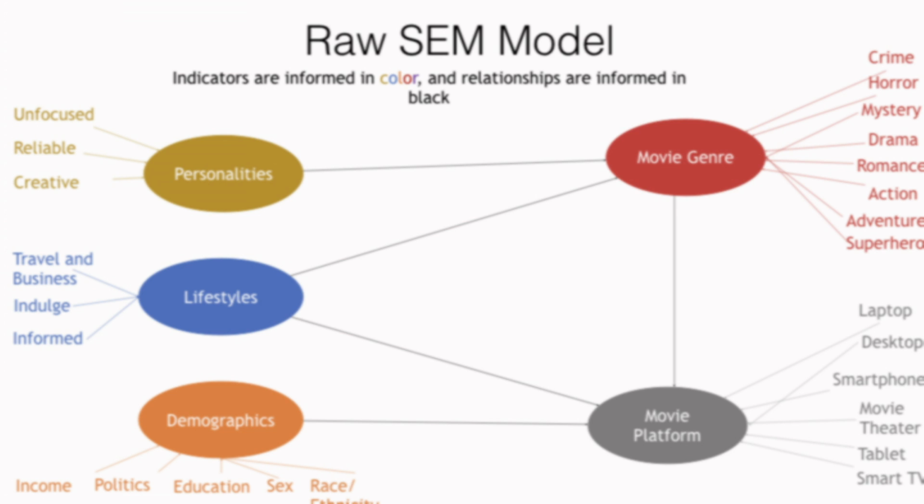It produced a group of personality traits that I called reliable. It produced a group of creative personality traits that I labeled creative. And I took those 3 groups and I combined them into personalities. We can see the same here for the other composite variates.